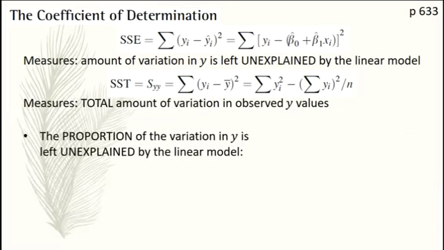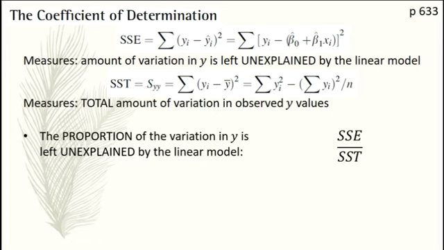Now we can actually talk about proportions here. You have the total amount of variation and you have what's unexplained. If I wanted to define the proportion of the variation in y that is left unexplained by the linear model, I would just take SSE over SST.